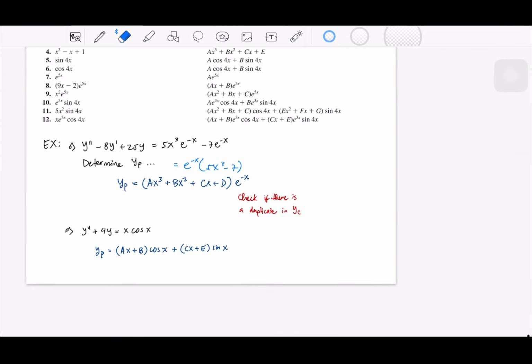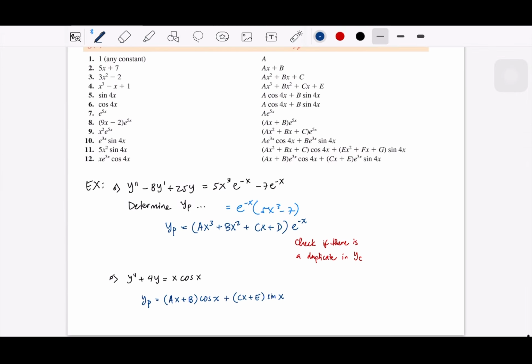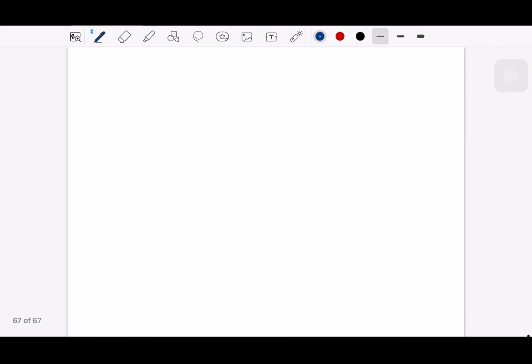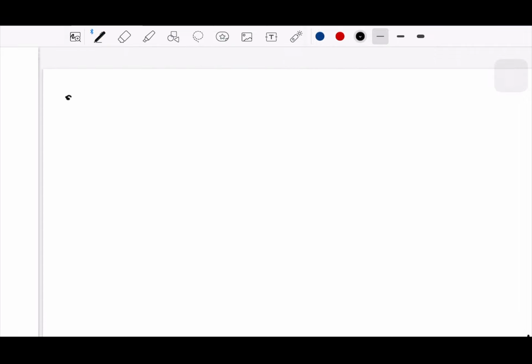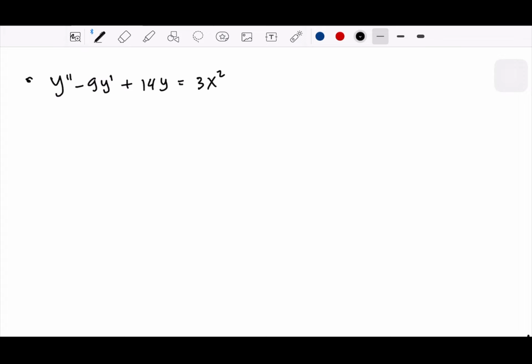Okay, now let me give you another example. Now in this example, we can combine all the forms in the table. Okay.